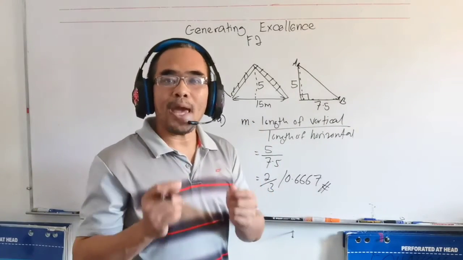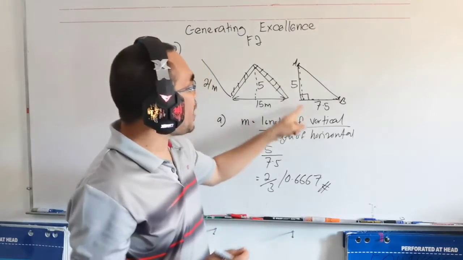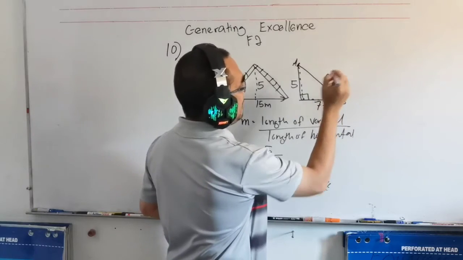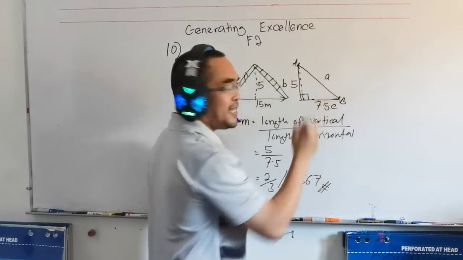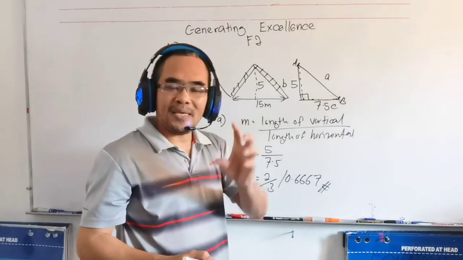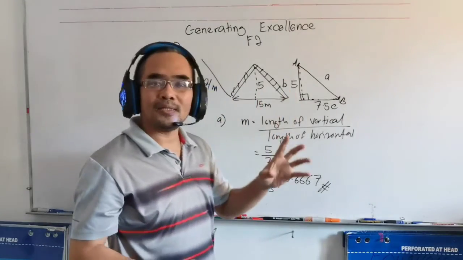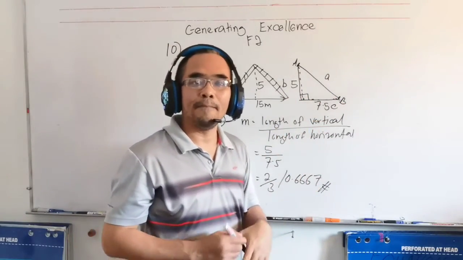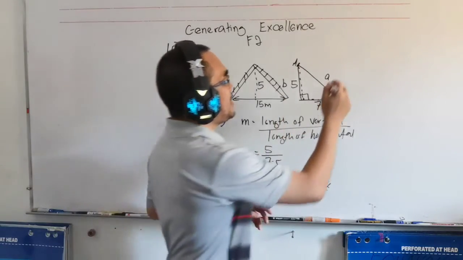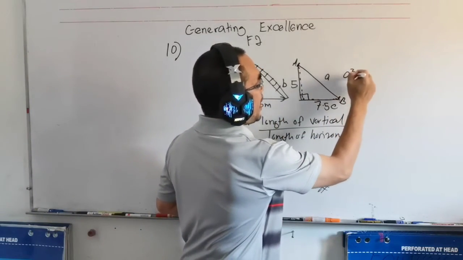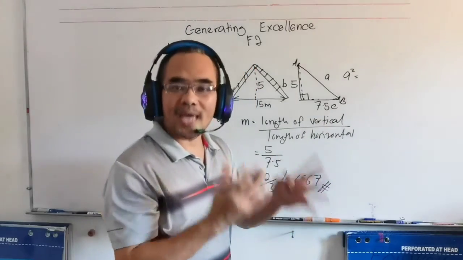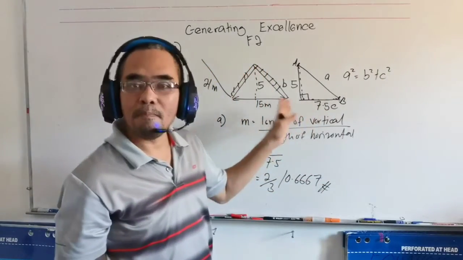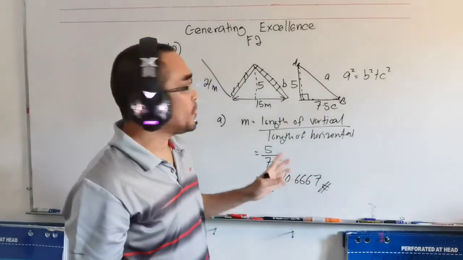To find the hypotenuse, you have to add these two squared. Let's say here is A, here is B and here is C. Sometimes the teacher will say this is C, this is B, or whatsoever. That is not really important. What is important is that hypotenuse squared equals the other two sides squared, so B squared plus C squared for my labeling.